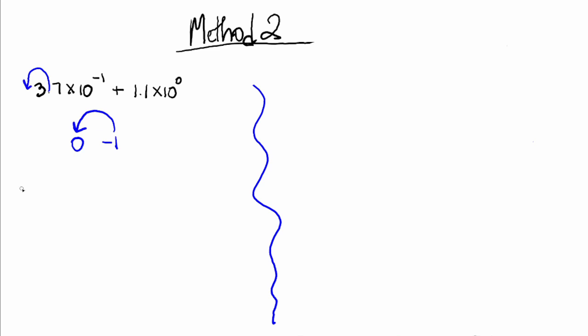Now we have 0.37 times 10 to the 0 power plus 1.1 times 10 to the 0 power. As we've been doing, we're going to group the non-index parts and keep the times 10 to the 0.